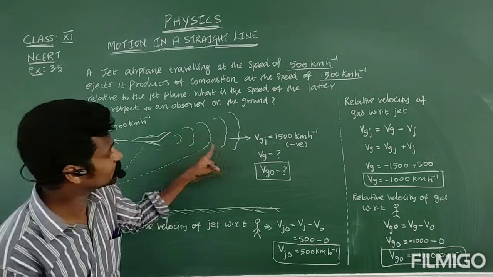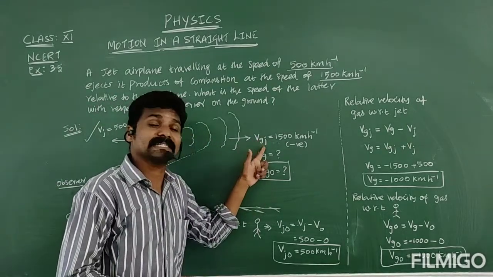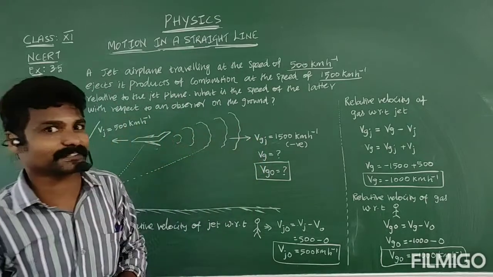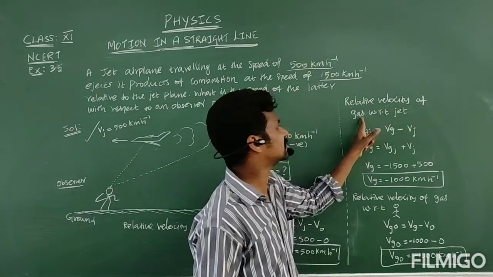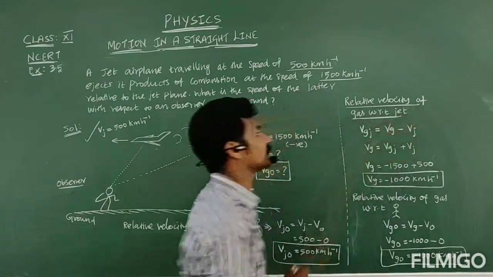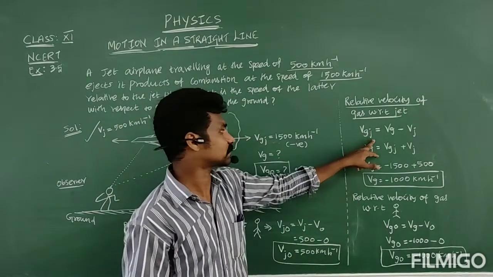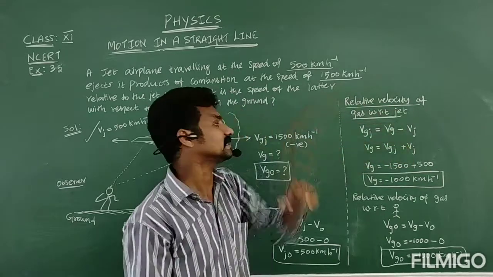Next, let's come to the gas. In the given question, the velocity of the gas with respect to the jet is given. So the relative velocity of the gas with respect to the jet, because that is given. So I write here in this table: velocity of the gas with respect to the jet we can write as velocity of the gas minus velocity of the jet.